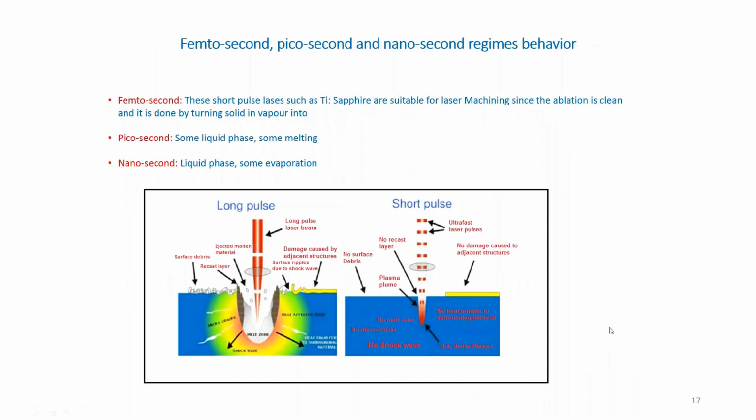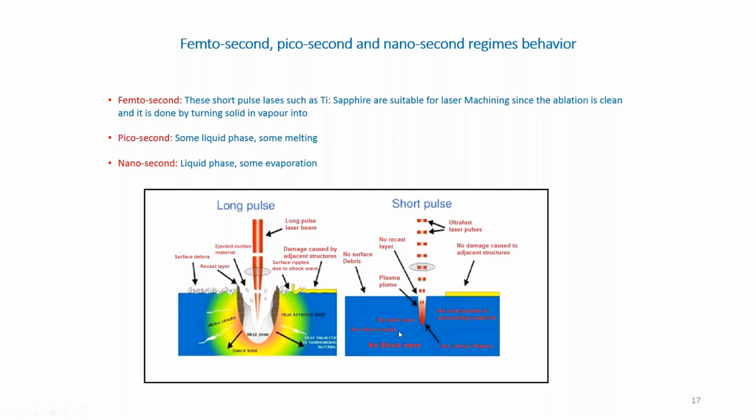So here again, some comparison. Again, jumping back to ablation, you have here a laser with a short pulse and here a laser with a long pulse, and there are differences that you can see. For a short pulse, the femtosecond or short picosecond, there is no heat transfer to surrounding material.